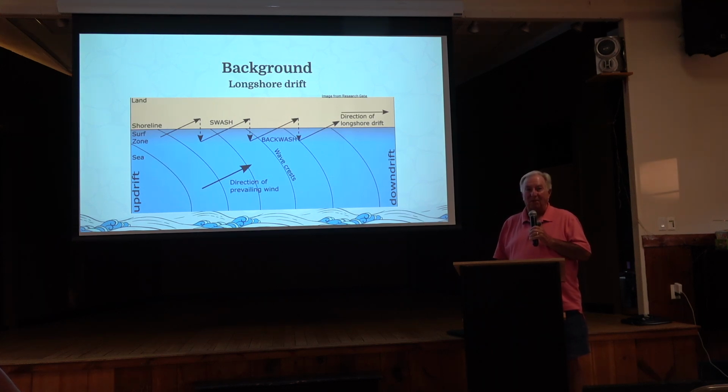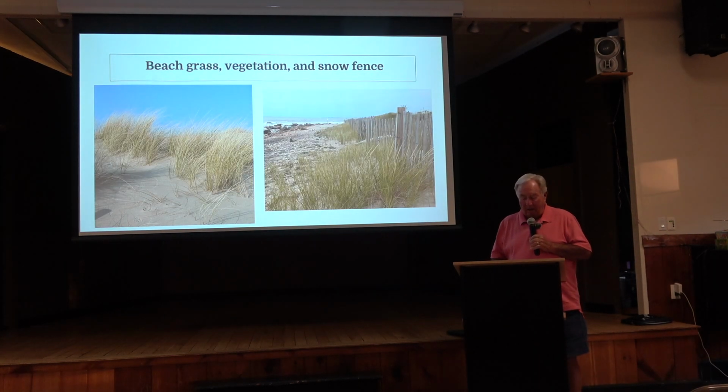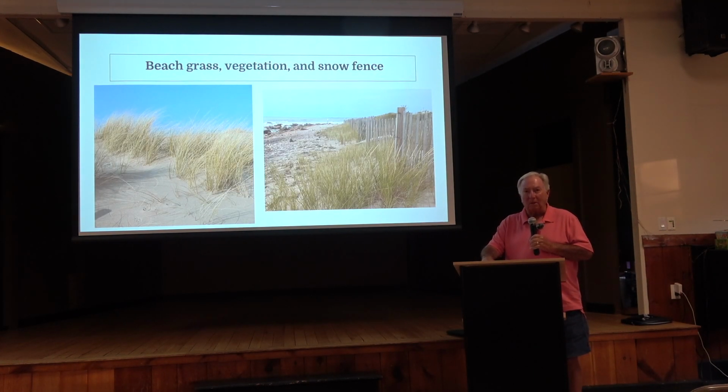And what we're going to have to do is rebuild some of those seawalls. So that's going to be a stumbling block in our permitting for restoration of some of these areas.